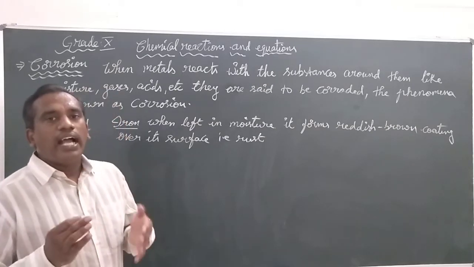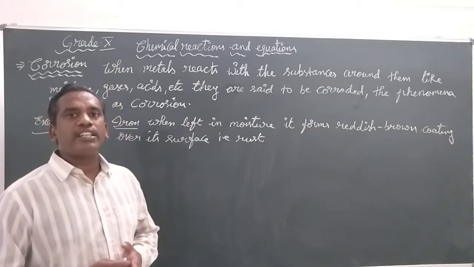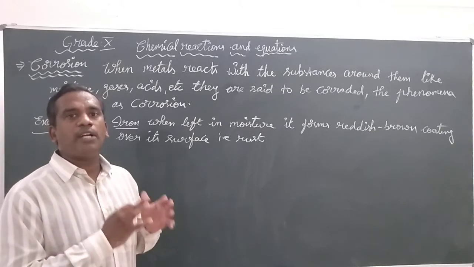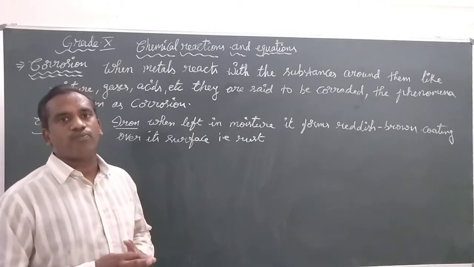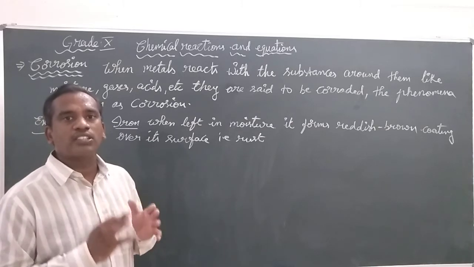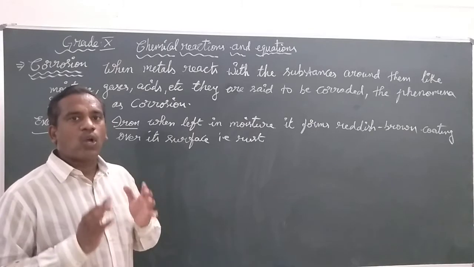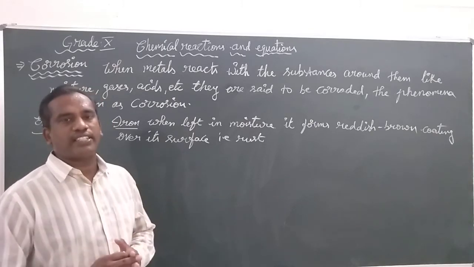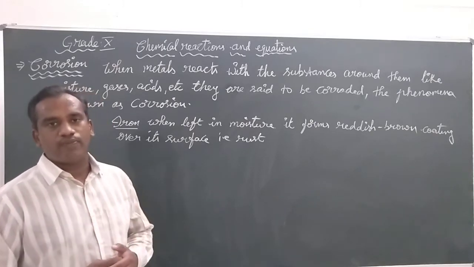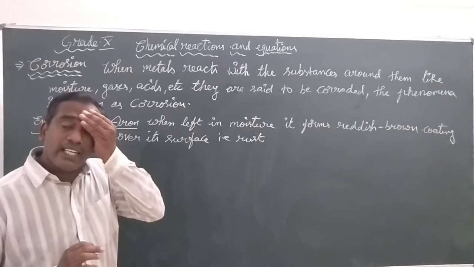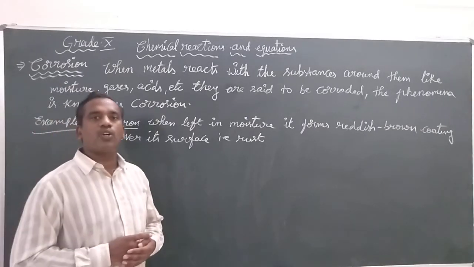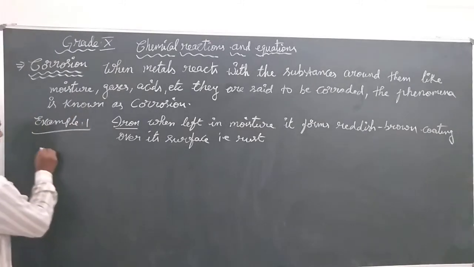Why? The copper reacts with the moist carbon dioxide present in the atmosphere, resulting in copper carbonate on the surface, that is green in color. So, what is the observation we had in the case of copper?